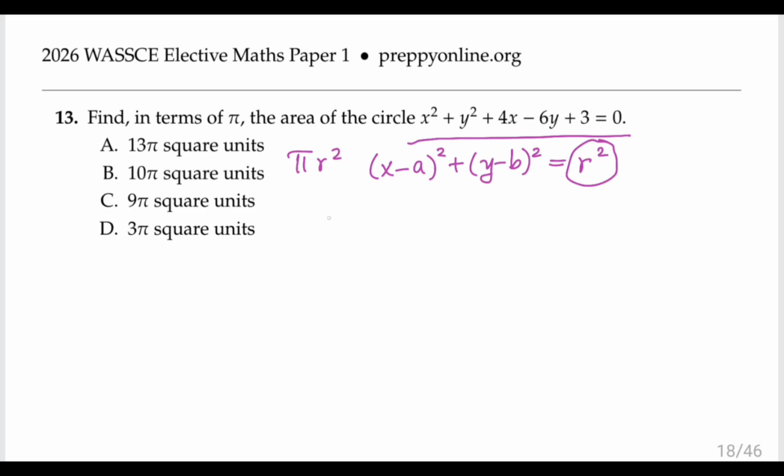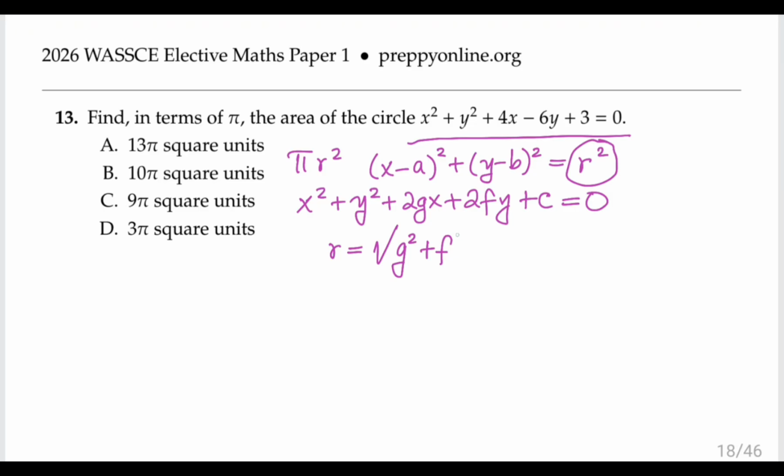We could also use a formula. If you know the general equation of a circle, if you write it like this, x squared plus y squared plus 2gx plus 2fy plus c equals 0, then the radius is going to be the square root of g squared plus f squared minus c.